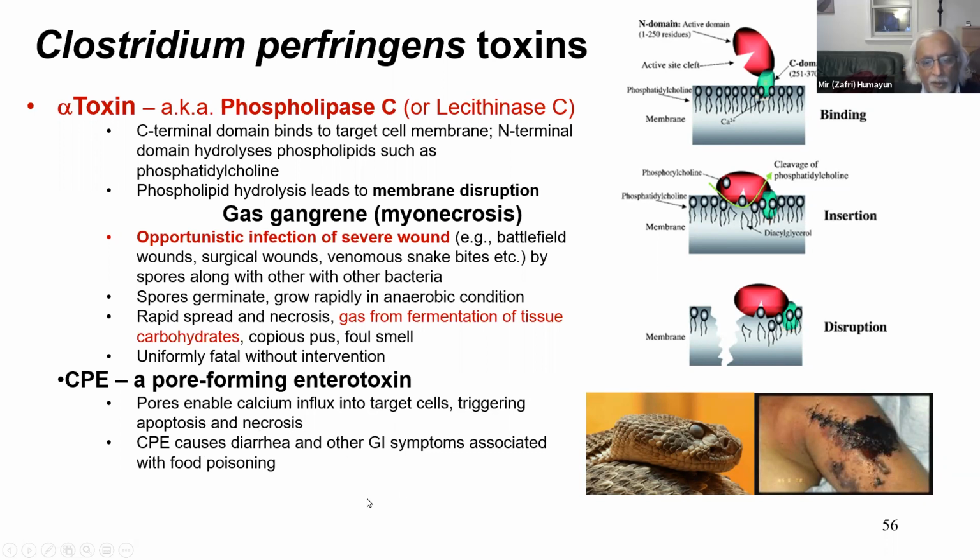And this leads to diarrhea and other GI symptoms. As we mentioned, 7% of food poisoning is because of Clostridium perfringens pore-forming enterotoxin.